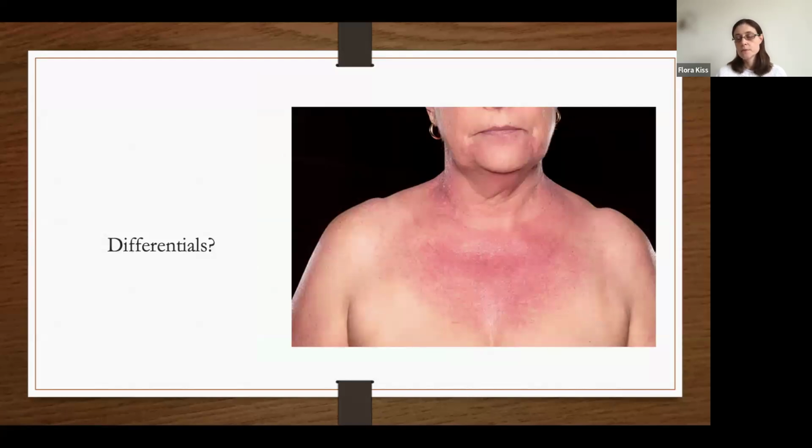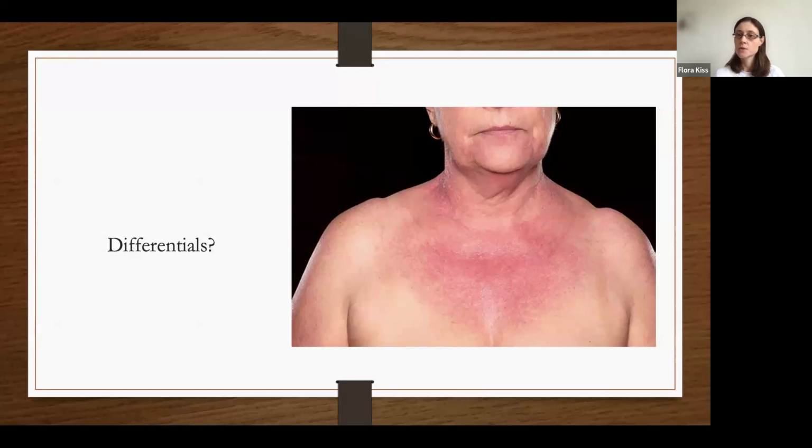So staying in the group of collagen vascular disorders, moving on after lupus, I wanted to show a case of dermatomyositis because this is also one that is typically a photoaggravated rash that can be worsened by sunlight.